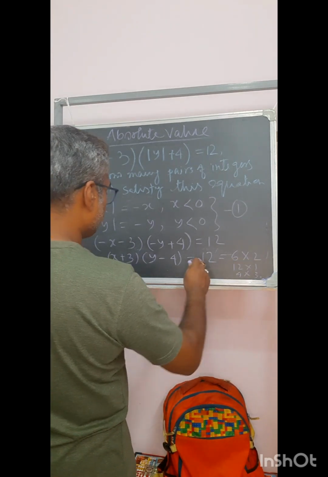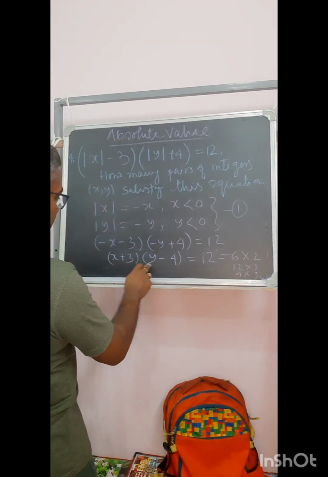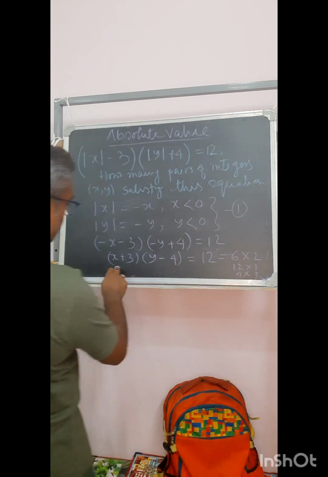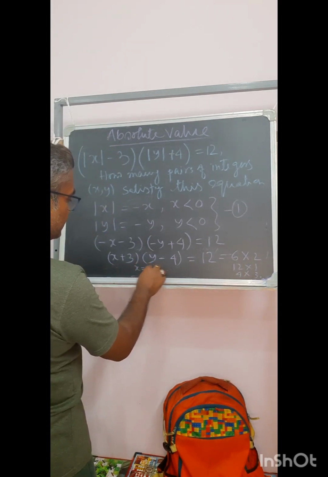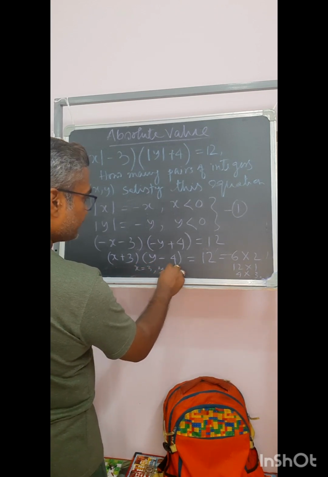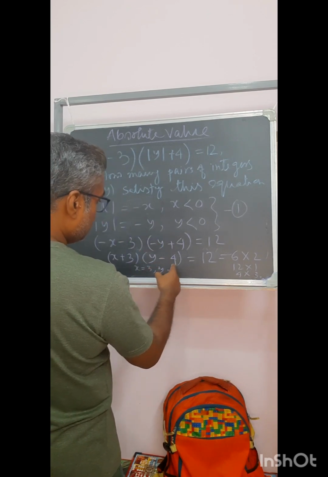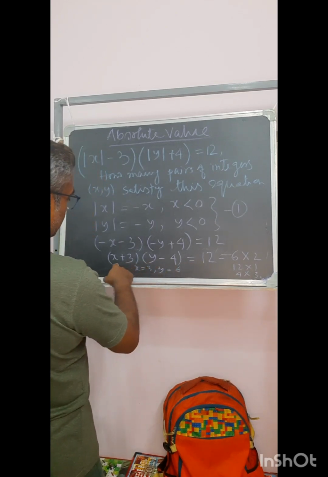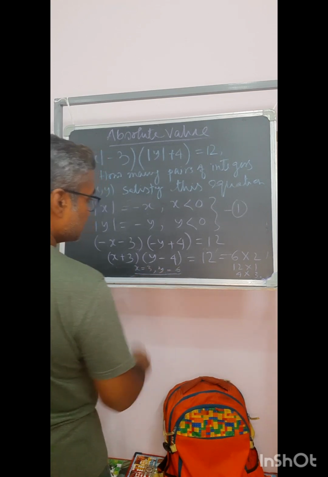Now out of this, if I choose one, let's say I am considering 6 and 2. For any set of values, is it possible to find 6 and 2 here on the left hand side? If let's say x is equal to 3, it will make 6, and y is equal to 6 will satisfy this equation. This is one set of values that is possible.